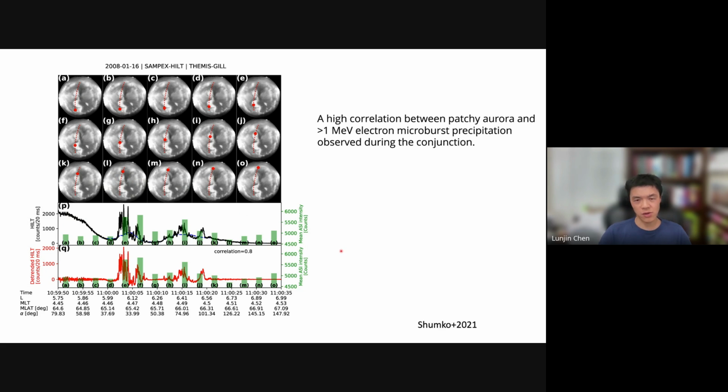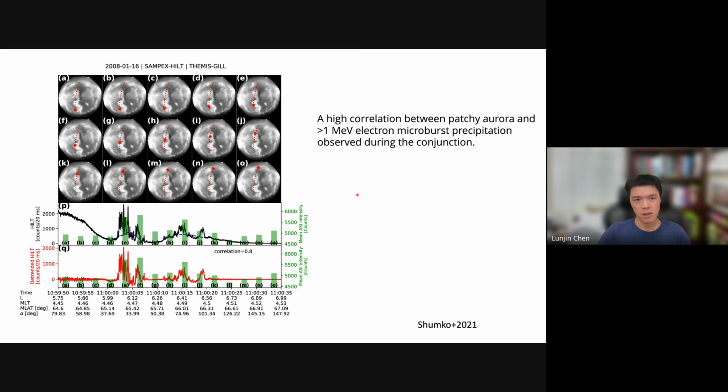This also supports Miyoshi's finding that the electron precipitation can cover a range of electron energy, at least 2 orders of magnitude.